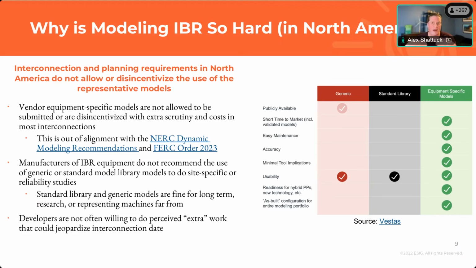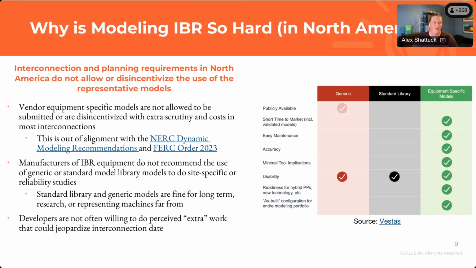The flip side of that is equipment-specific models. That's from the manufacturer themselves, that has the real model code, has the actual information from the manufacturer, very detailed, very technically thorough. The problem with that is they're often not publicly available because of intellectual property, but there are significant accuracy and usability improvements there.